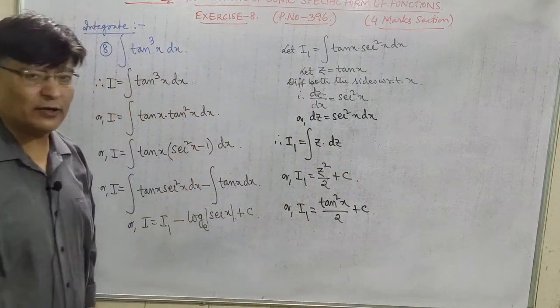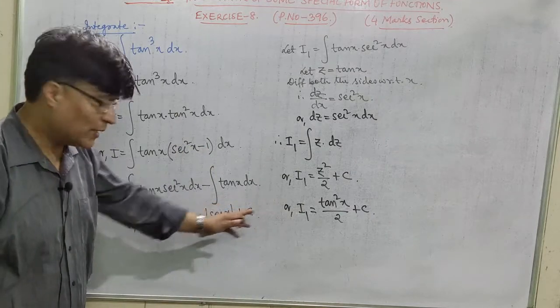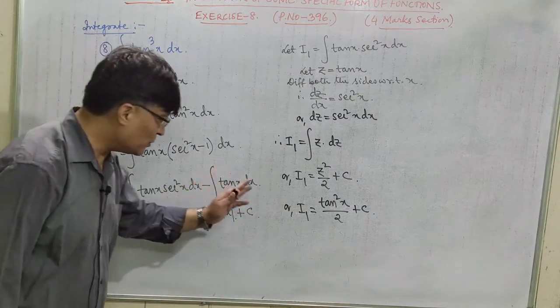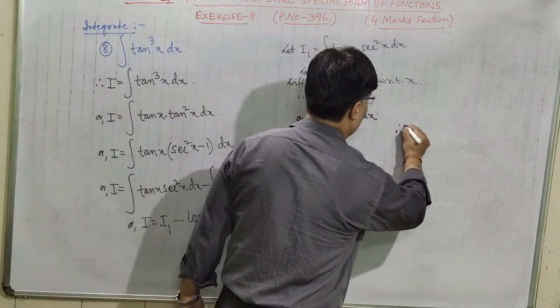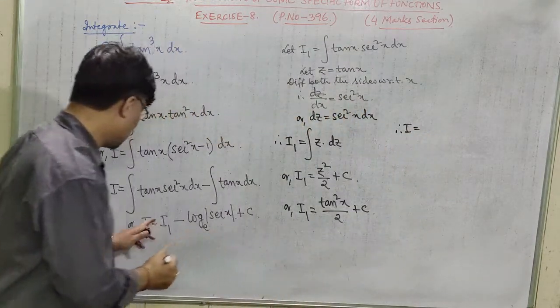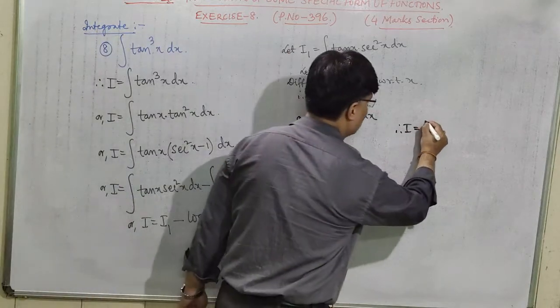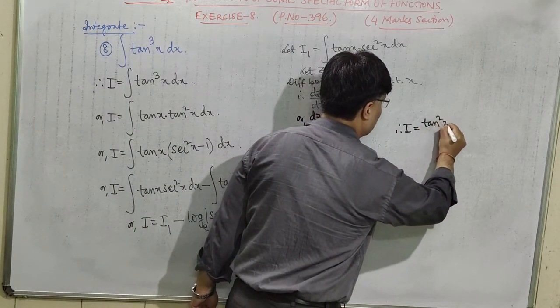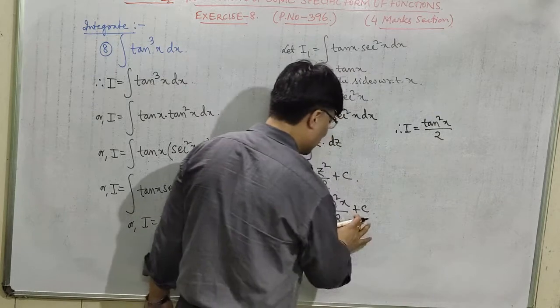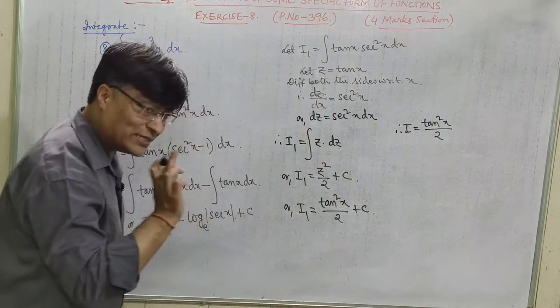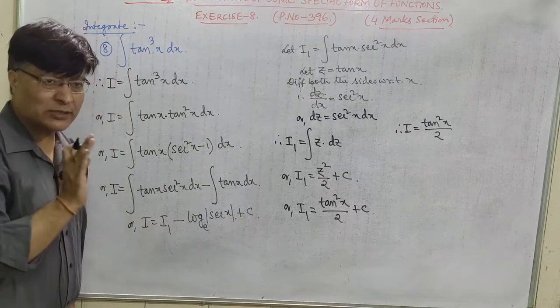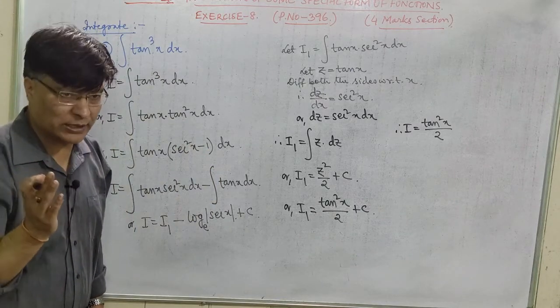So we have got the value for I1, but this is not your answer. The answer is I. So let us put this value for I1 in I. So therefore I is equal to, what is I1 now? I1 is tan square x by 2. You don't have to write c out here because c is already written here. One of these constants of integration c will do it here.